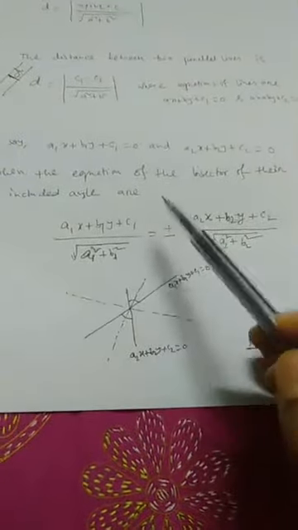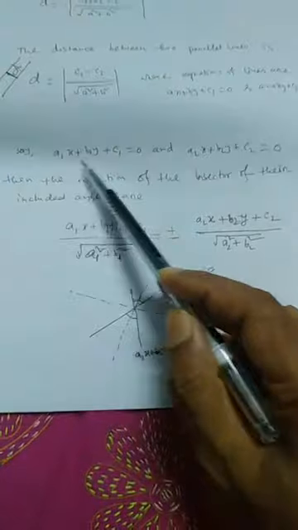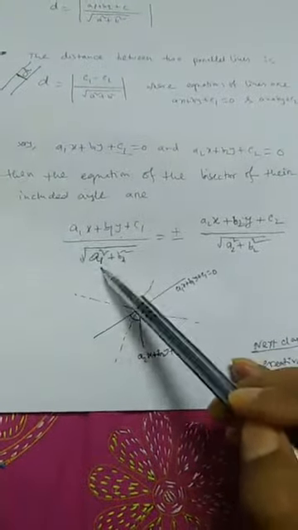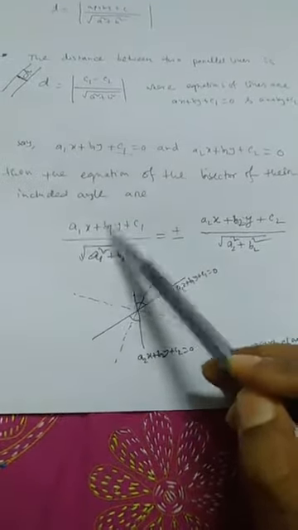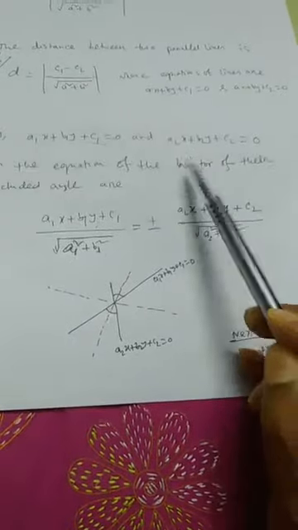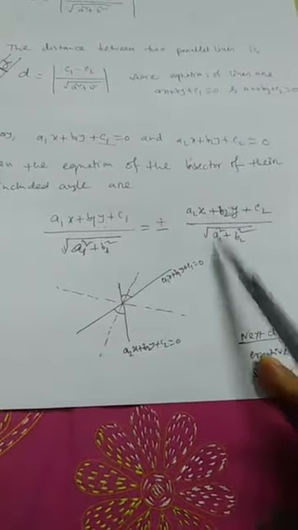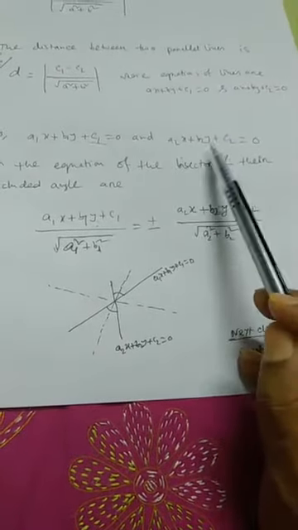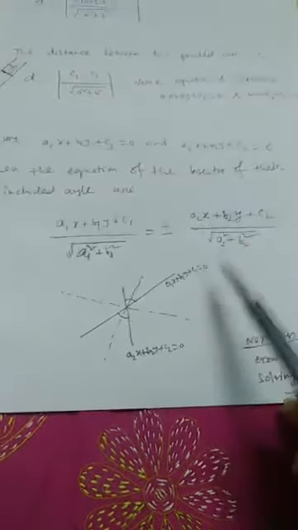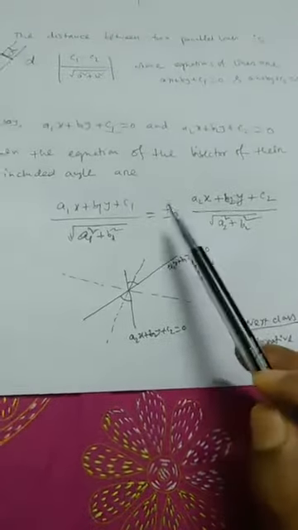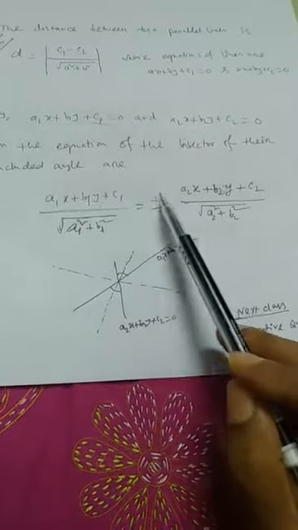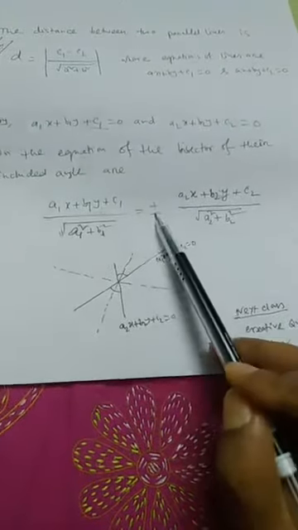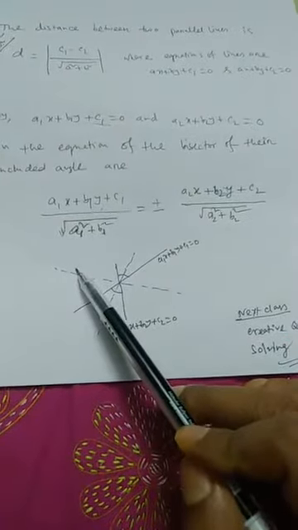So the formula is, you take this left part, divided by square root of the coefficient of x, a1 square, plus the coefficient of y, b1 square, equal to plus minus, you take this part divided by, again take its coefficients, square root of a2 square plus b2 square. Because there are two bisectors, plus will give me one bisector and minus will give me another bisector.